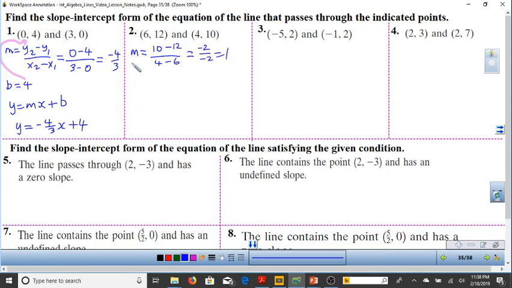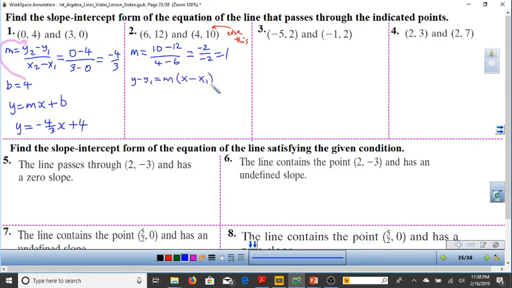So using point slope form, and let's say we use this point, doesn't matter which point we use. Again, I'm saying use this, but any point would be useful. So we do y minus y1 equal to m times x minus x1.